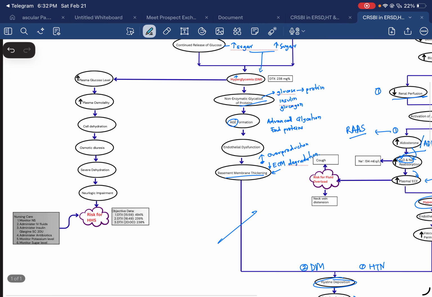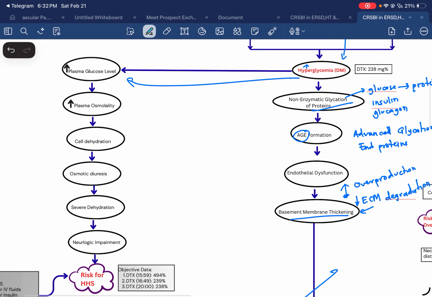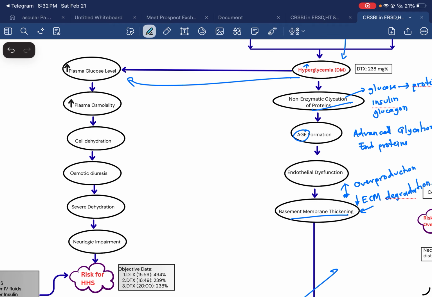And in hyperglycemia, there is persistent increased level of plasma glucose. This leads to increase in plasma osmolality. This means they have increased concentration of sugar, sodium, and other molecules.